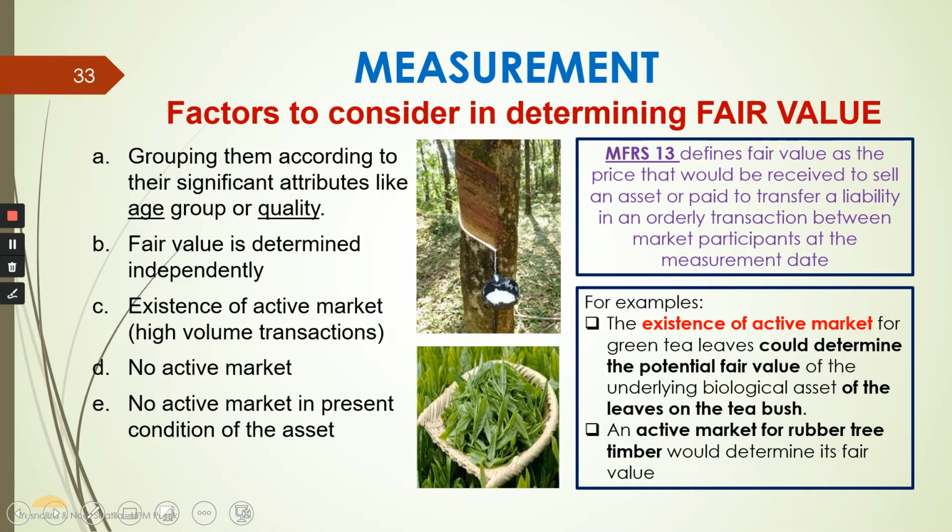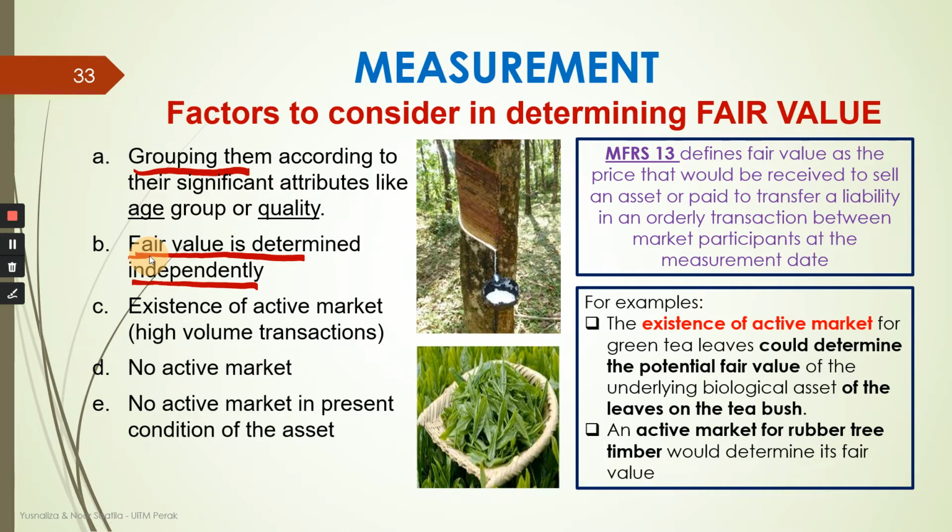Now these are the factors that are normally considered to determine the fair value. Sometimes these are done by grouping them accordingly, and normally fair value is determined independently, not by accountants, of course. It should be determined by the market itself. Let's say we have in Malaysia the FAR320, the RISDA. Those are all bodies related to agricultural activities.